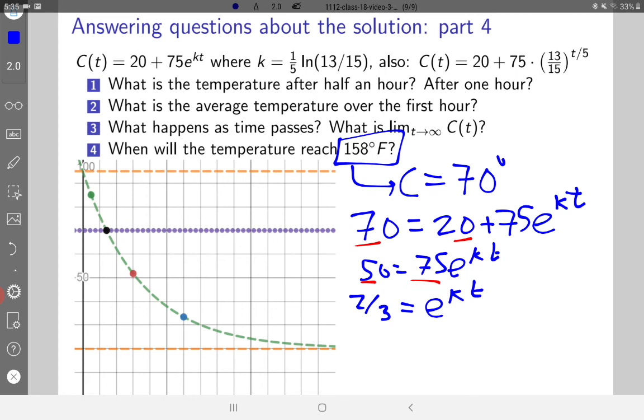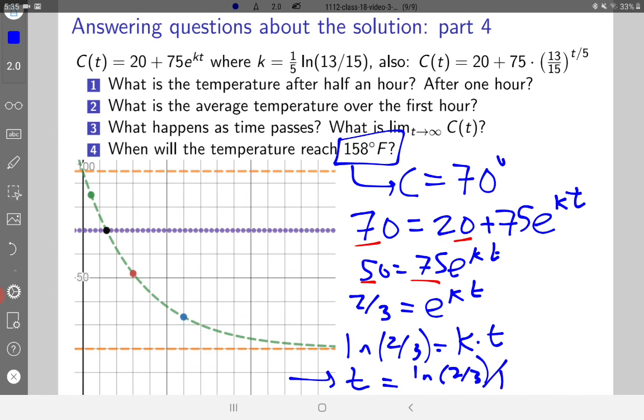Let's apply a natural log on both sides. So I have log of 2/3 equals, now natural log of e to the something returns that something. So finally I have t equals log of 2/3 divided by k. Now I can use that actual value for k that we had way back there and plug it in, crunch some numbers.